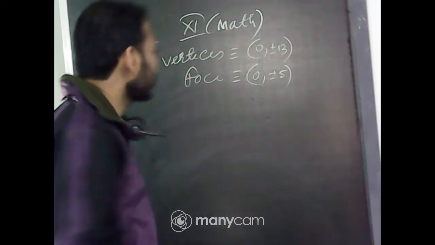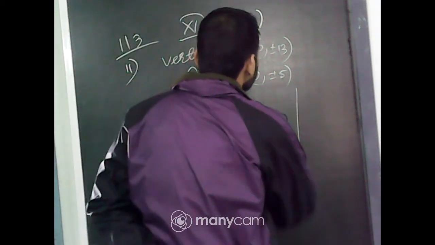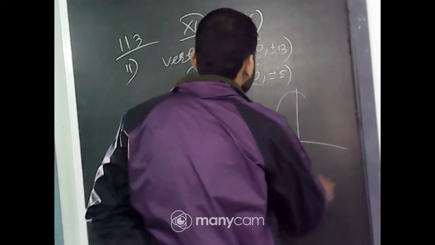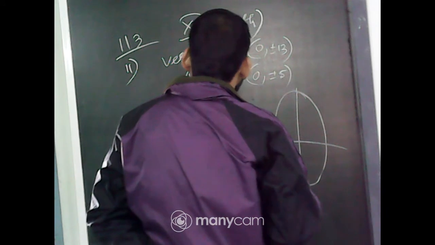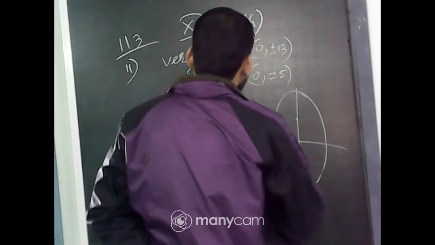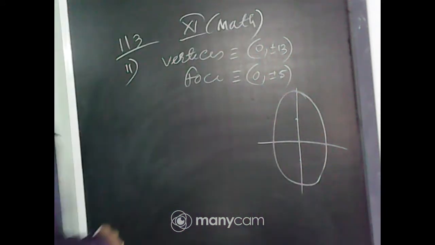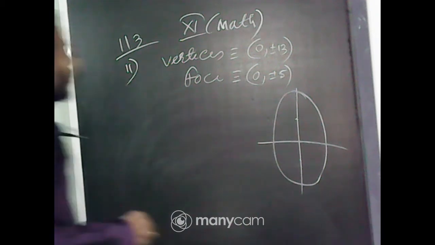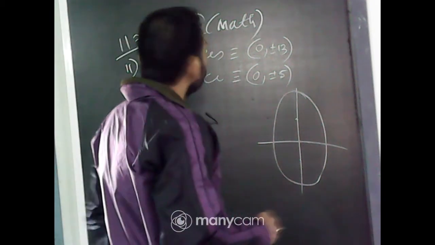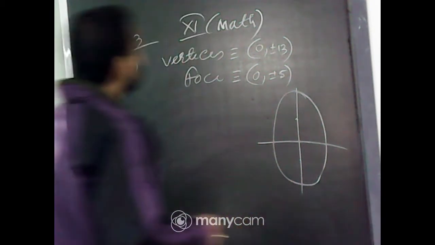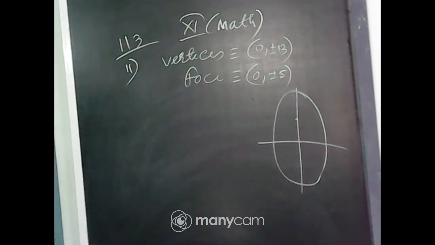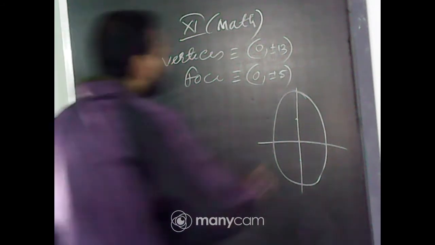Here the vertices and foci both are on the y-axis. 0, plus minus 5, that is on the y-axis, and the vertices, that is also on the y-axis, 0, plus minus 13.